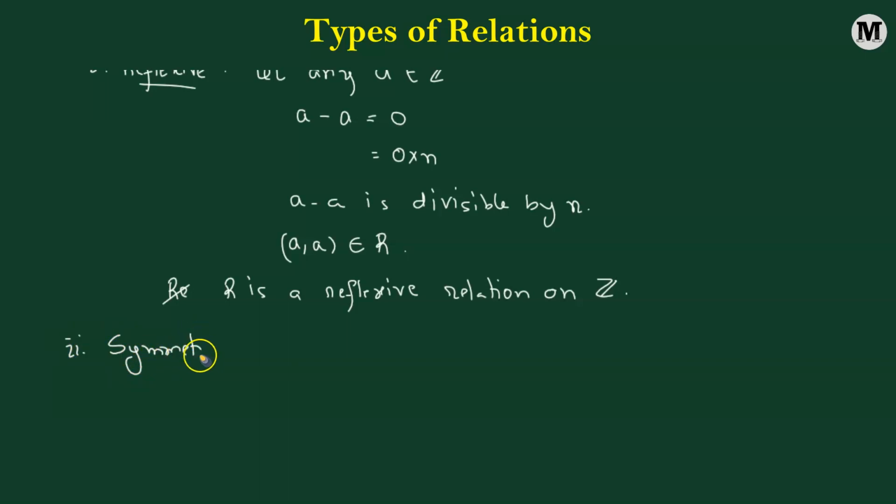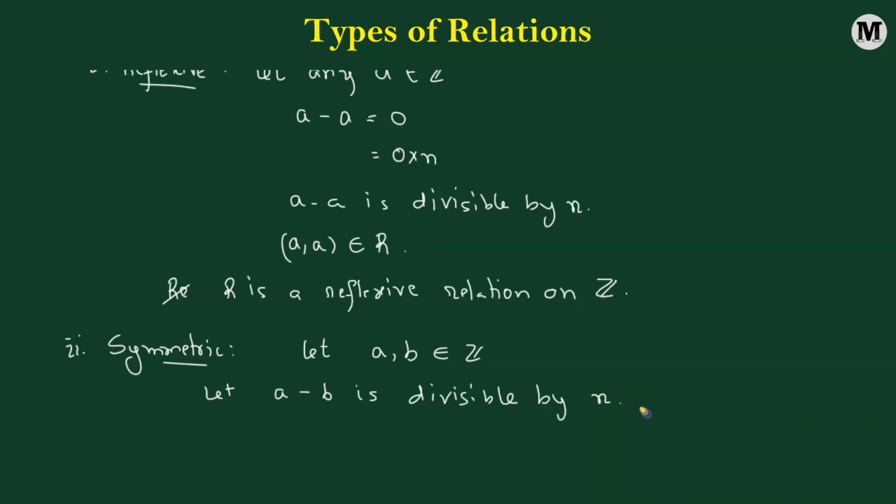In order to check whether it is symmetric, we have to take two elements. So let a, b be two integers. Suppose that a minus b is divisible by some integer n.